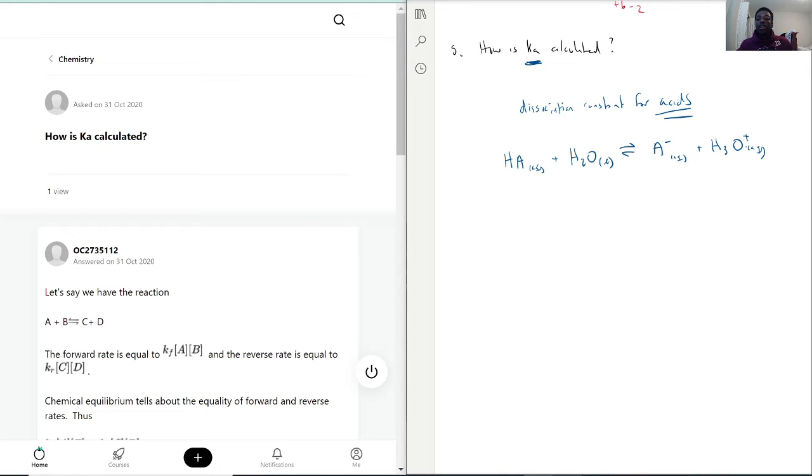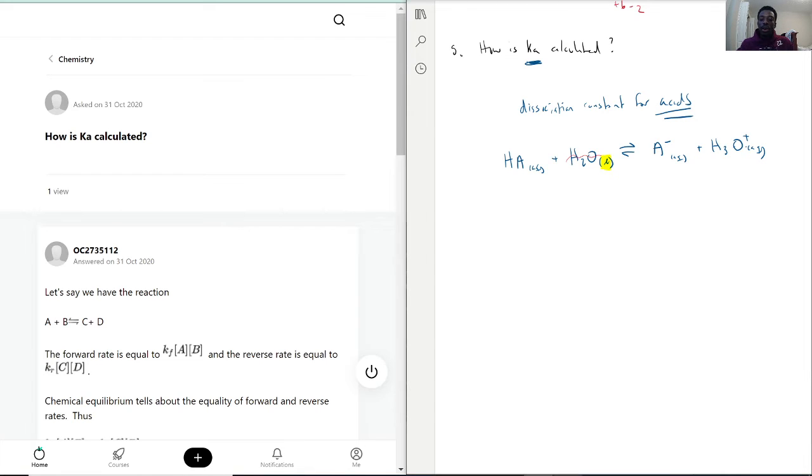Reason why I mentioned this here, because in this aqueous solution, think of water as just what it's in a sense surrounded by. Although it's reacting in this equation, it doesn't really take part in calculating the Ka, just because in a sense there's so much excess of it because we're in a water system. So with that being said, we don't count water, so I'm going to pseudo cross it out.